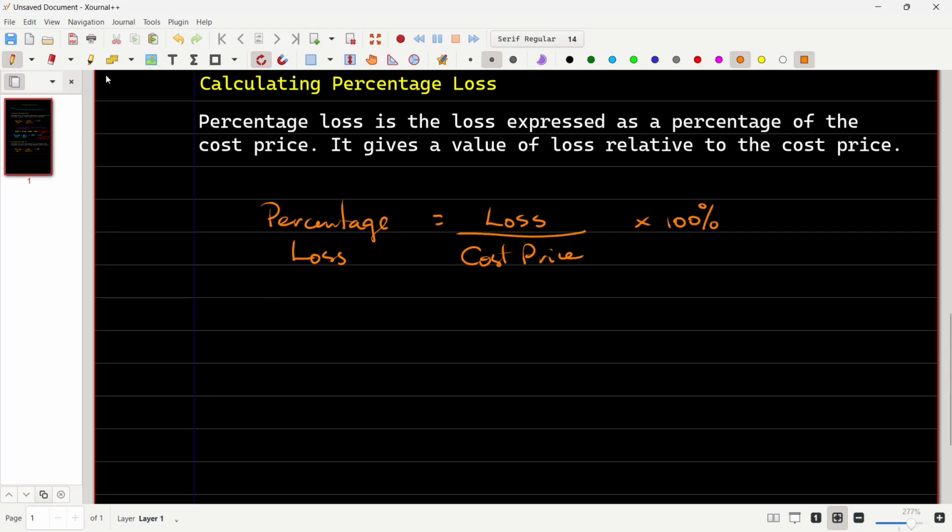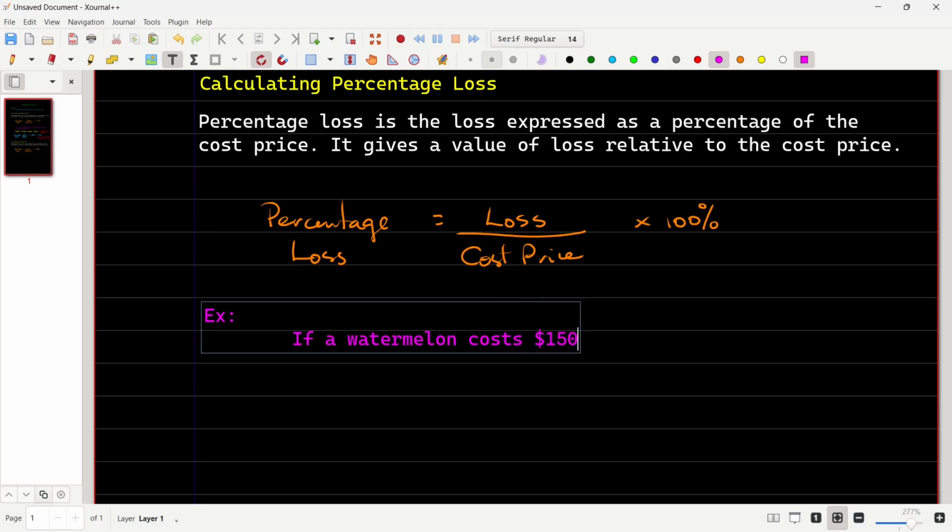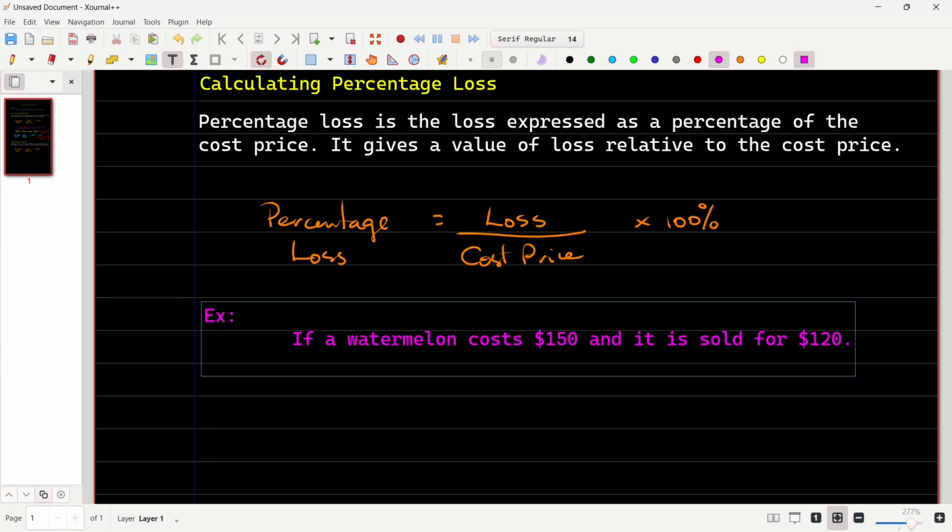All right, and we're going to do another example. If a watermelon costs $150 and it is sold for $120, what is the percentage loss?